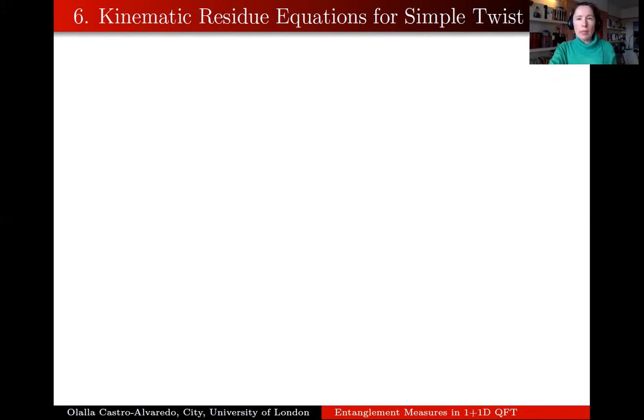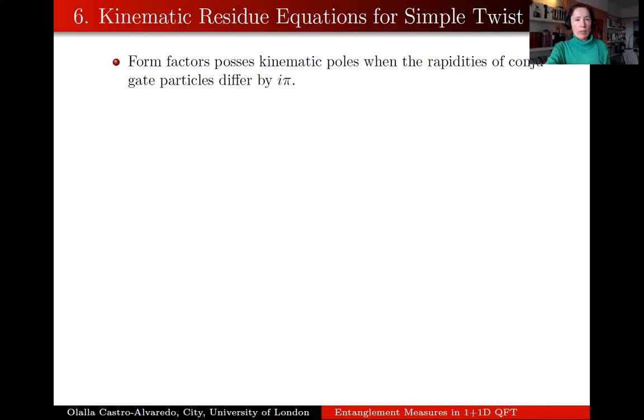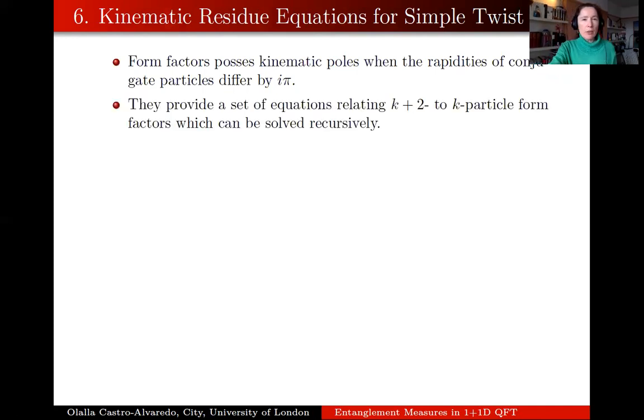So if we look at kinematic poles, which are the more standard ones, these are the poles that occur if a particle and an antiparticle are present in the form factor with rapidities that differ by i pi, so with opposite momenta. And if that happens, essentially these particles annihilate, and the residue of the form factor we started with is related to a form factor with 2 particles less.